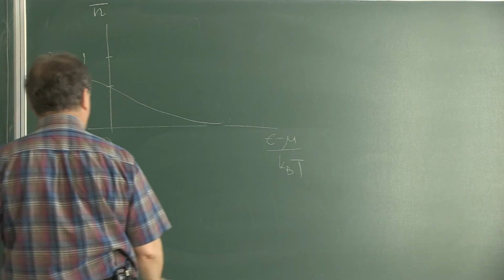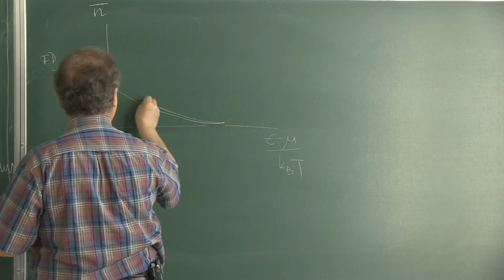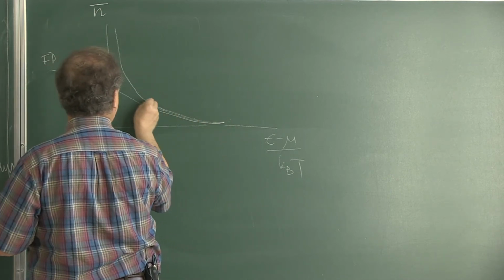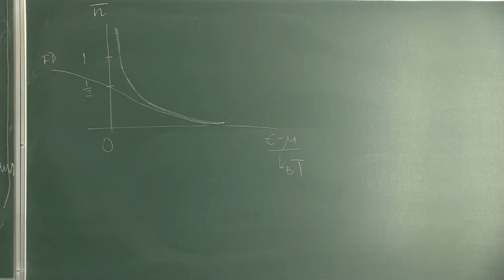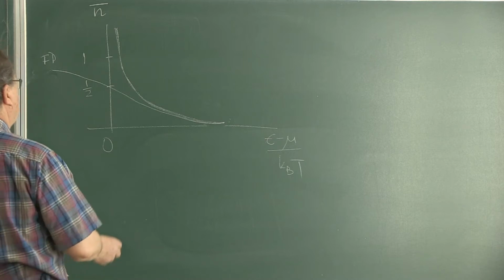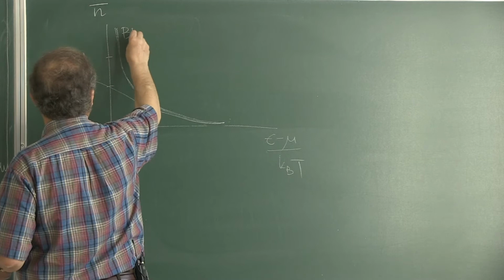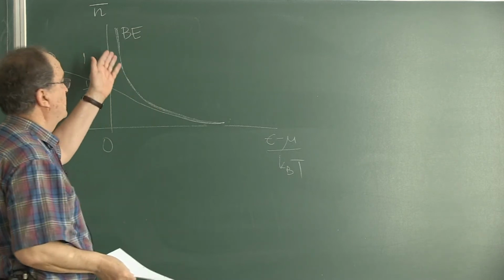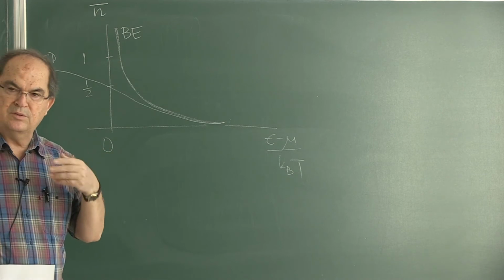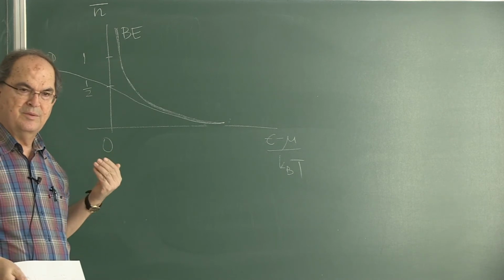Well, one more property, let me show you. If something is blowing up as that exponent goes to 0, what is it? Bose-Einstein, because 1 minus 1 is 0. 1 over 0 is infinity. So that's Bose-Einstein. That means you can put lots of particles into the ground state when temperature is low enough, isn't it?